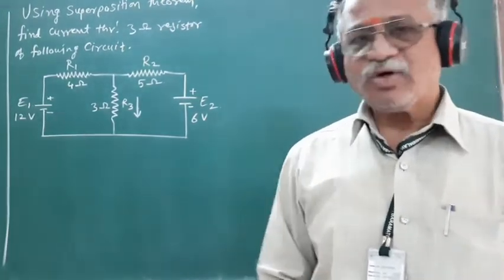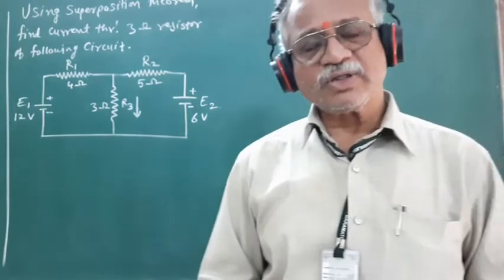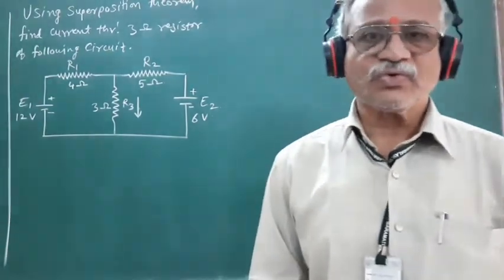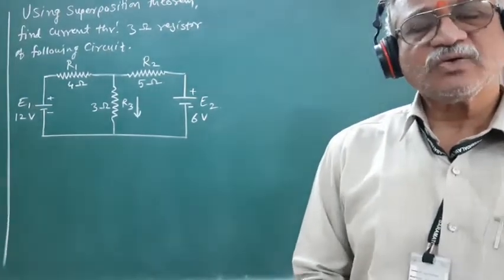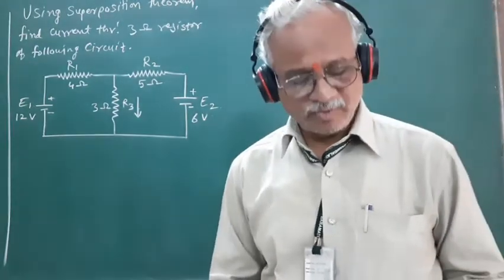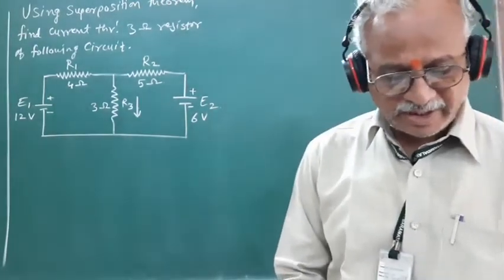So the algebraic sum of these currents or voltages due to individual sources gives the total current in the presence of all the sources in the given network.